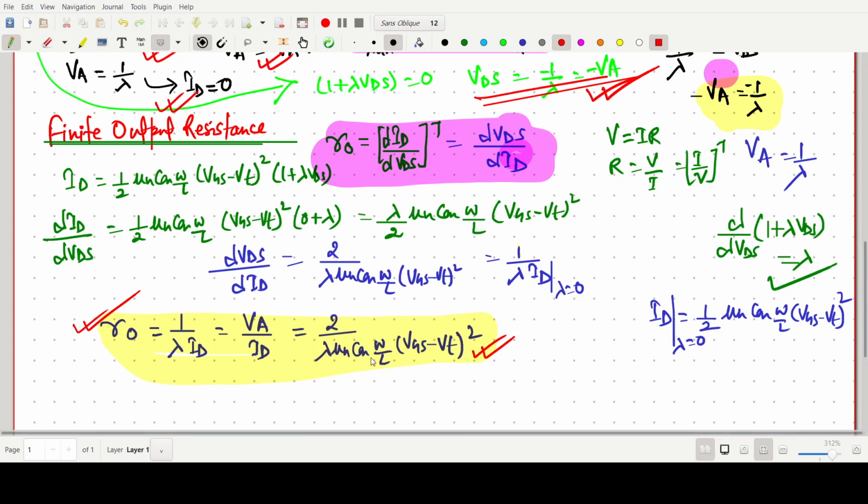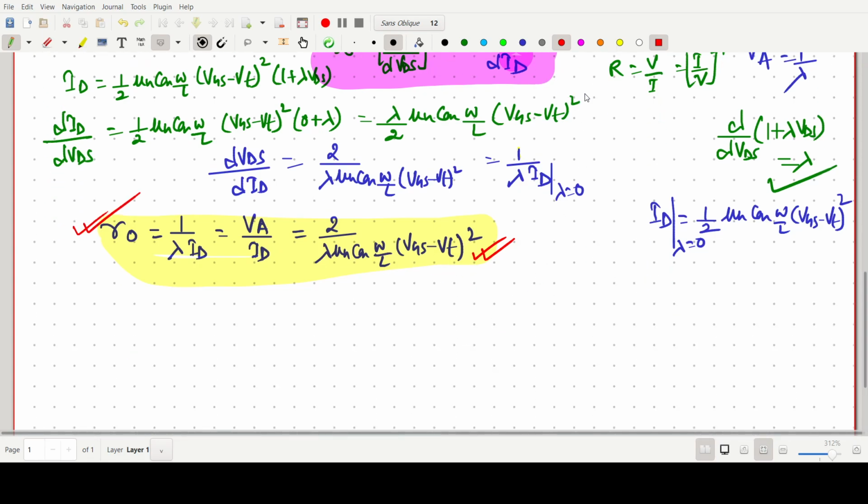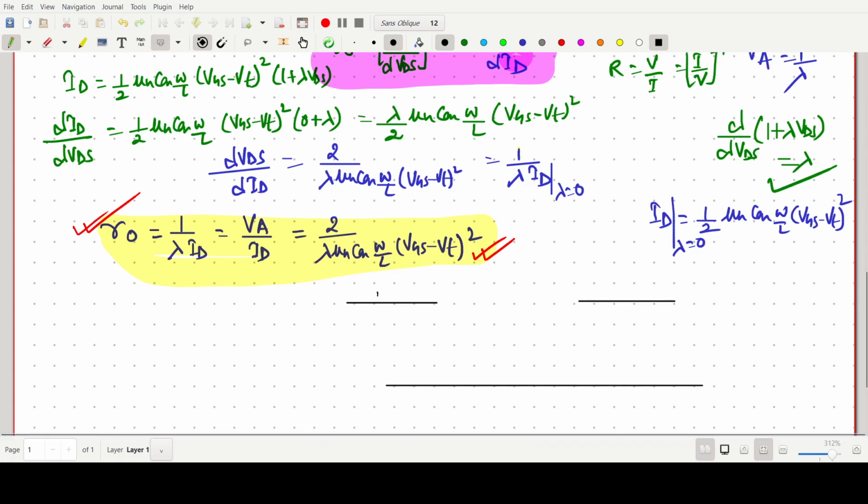One can also write the inverse, and the same expression is in the book, but this one is okay. 1 by lambda ID, VA by ID. So if we have to draw the final large signal equivalent model, this should be our gate side, this should be drain, and this should be source.